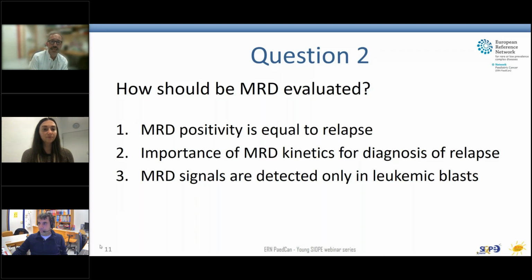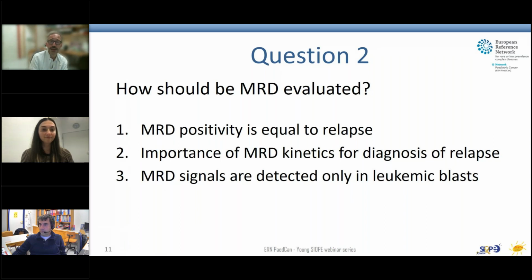Definitely, MRD signals, in AML specifically, can also be in what we would call not blasts. Blasts relate to really immature reduplicating cells. So these PCR signals are not necessarily always in such immature aggressive cells. It can be even in cells like mast cells or basophils. So that has to be known and thought of. And this is why the MRD kinetics are so important in AML specifically.